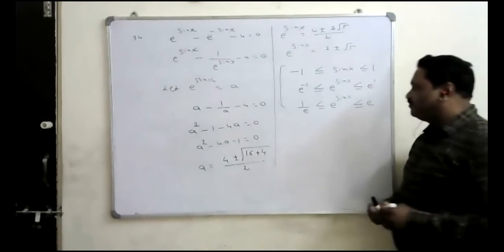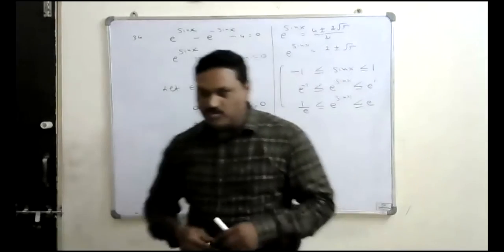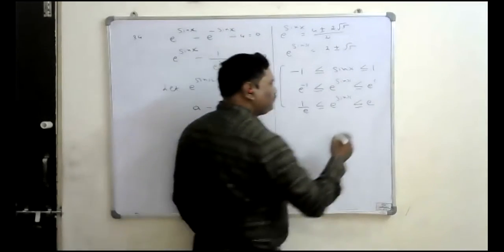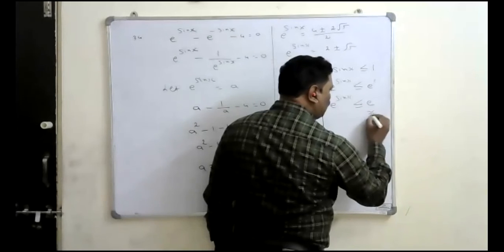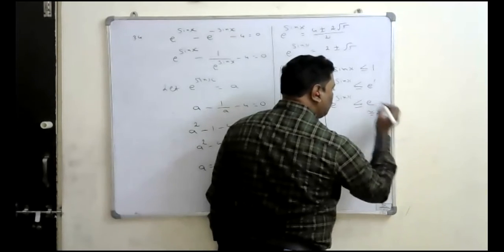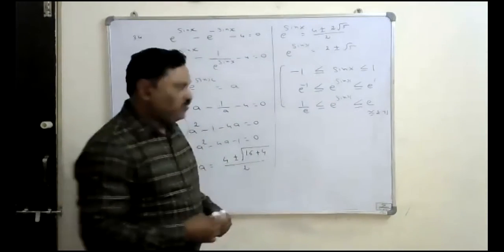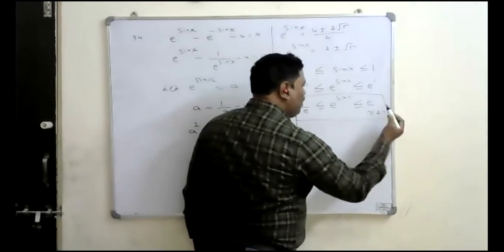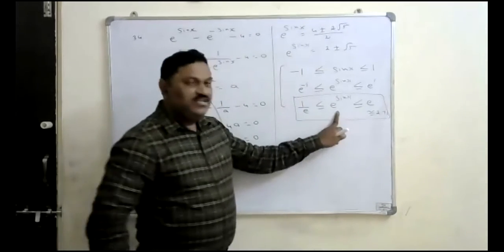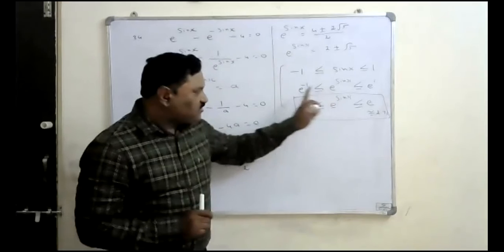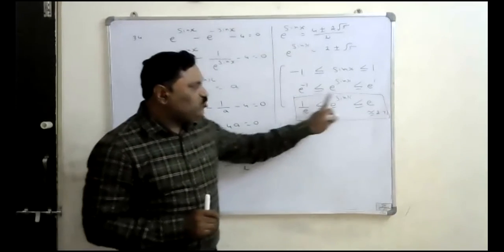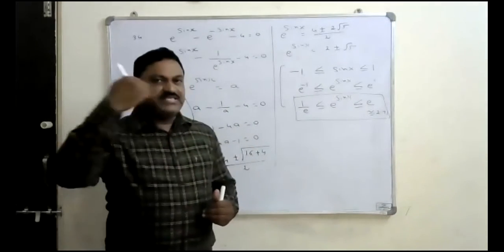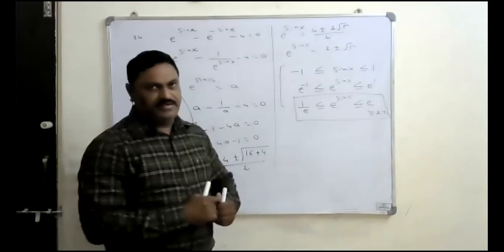Exponential value. What is the approximate value for the e? 2.71. So therefore, for any value of the x, e power sin x is going to lie between 1 by e to the e. Means minimum value is 1 by e and maximum value is e only.